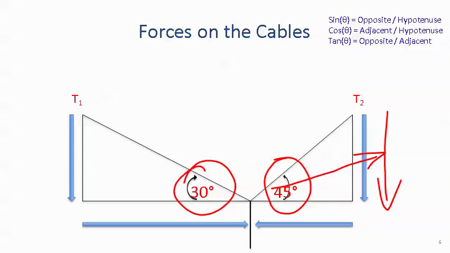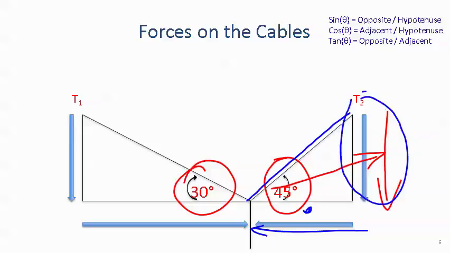We also have a horizontal component pulling in, and that is the adjacent to the angle. So if the opposite is involved with our hypotenuse, that means that we're going to be using the sine function, and that'll give us the vertical force. The horizontal force is going to be defined by the cosine function. So let's put this into an equation.